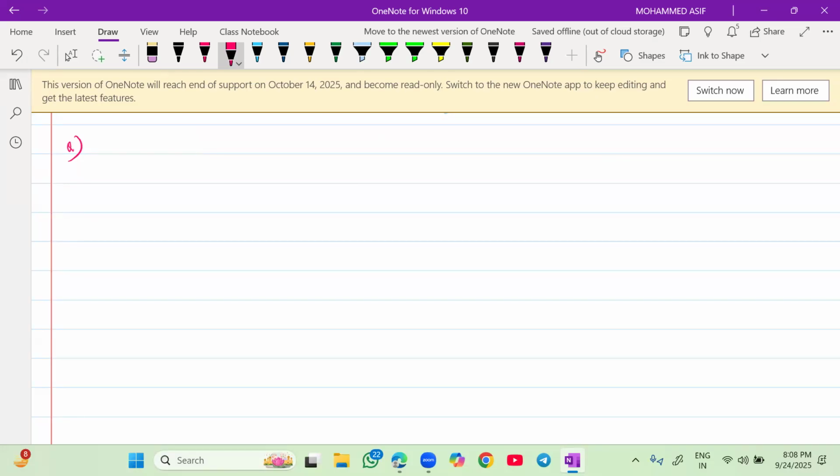So the first problem: we have two polaroids A and B, which are set in crossed position.